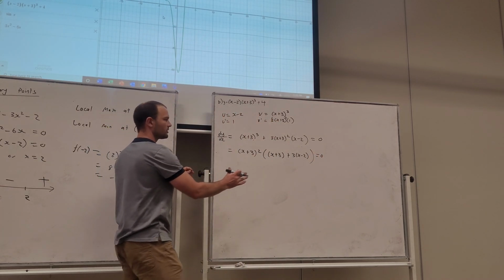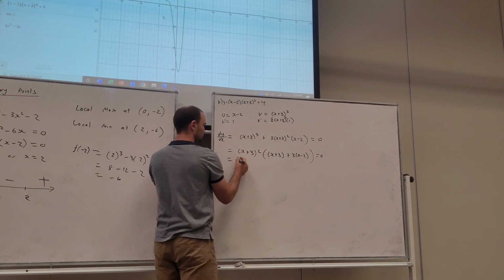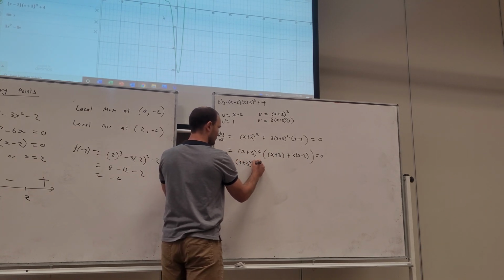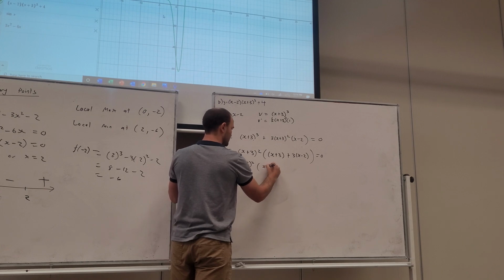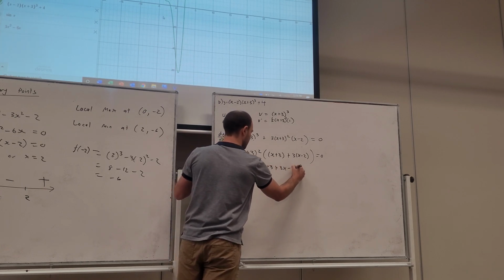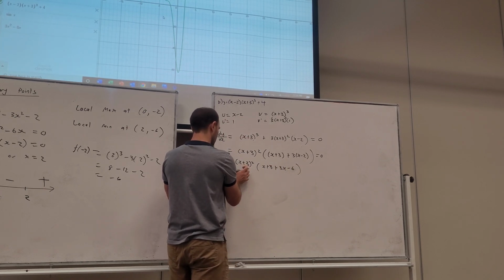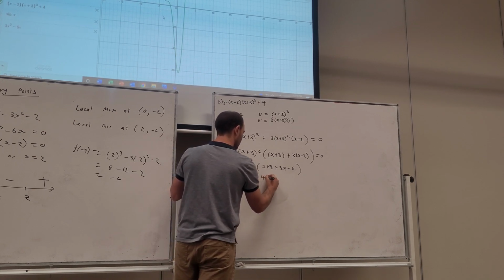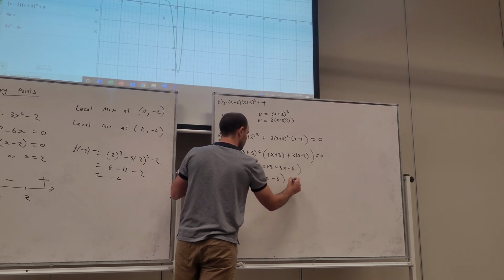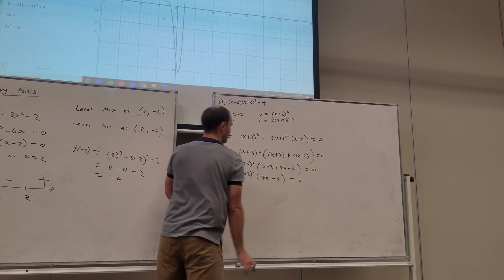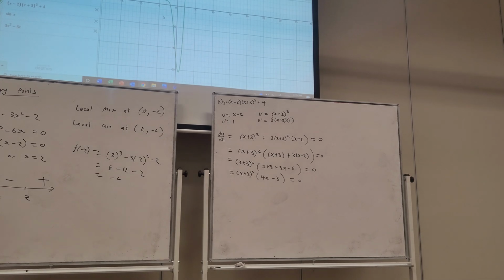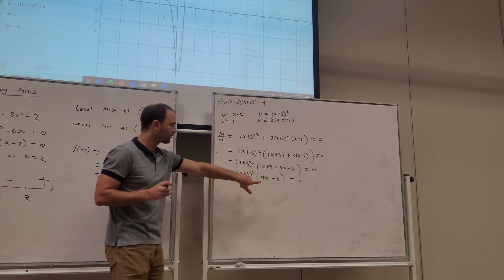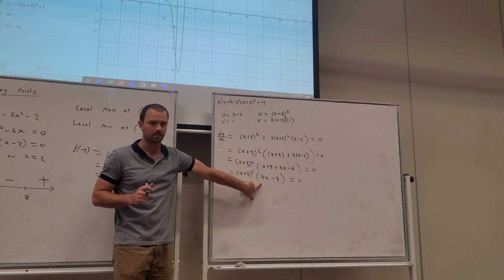All right, and I will just collect this a bit. So we're going to have x plus 3 squared. We're going to have x plus 3 plus 3x take 6. Okay, so the reason I've collected it before I've applied the null factor law is so that now we've got the first derivative in simplest form.